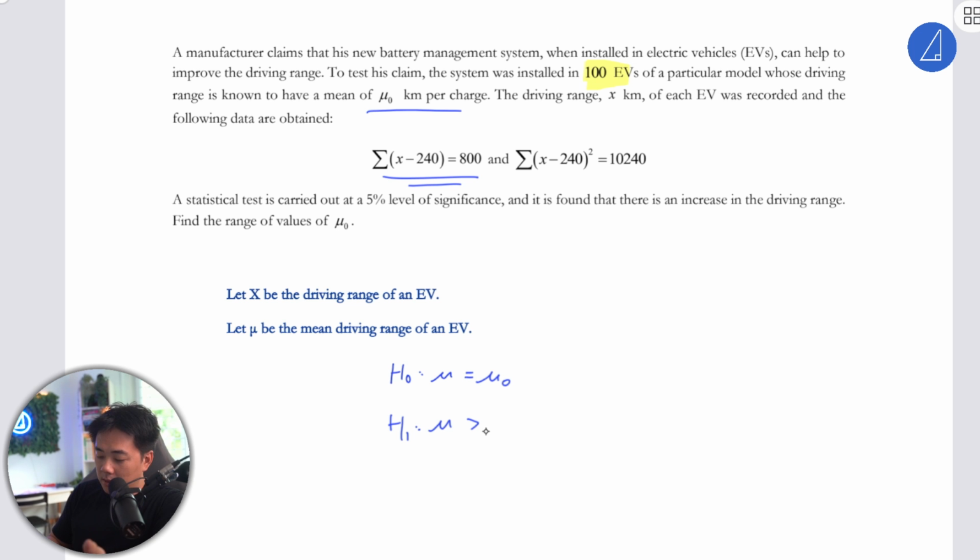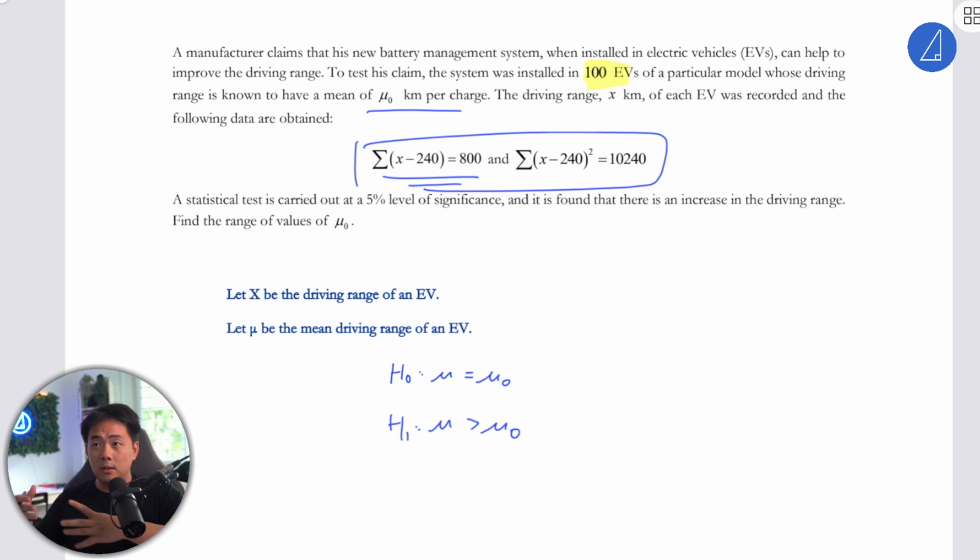So you use the data to test against mu naught, because preconceived notions, general knowledge, will tell you that it's mu naught km per charge, right? Then after which you take the test, and in order to reject the claim of general knowledge, you need to reject on the right tail.